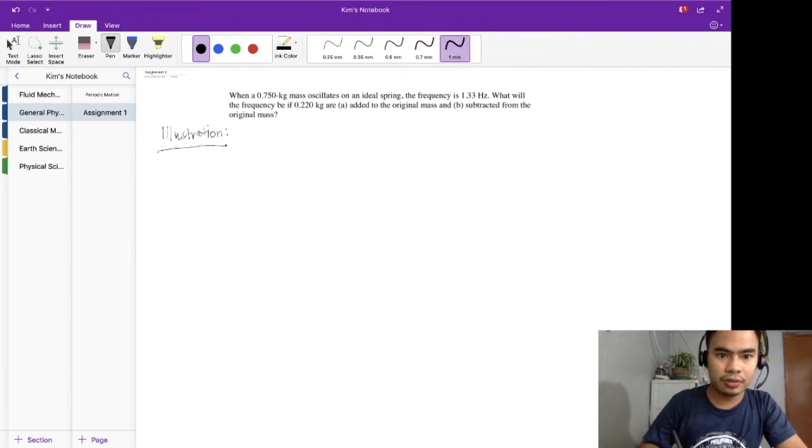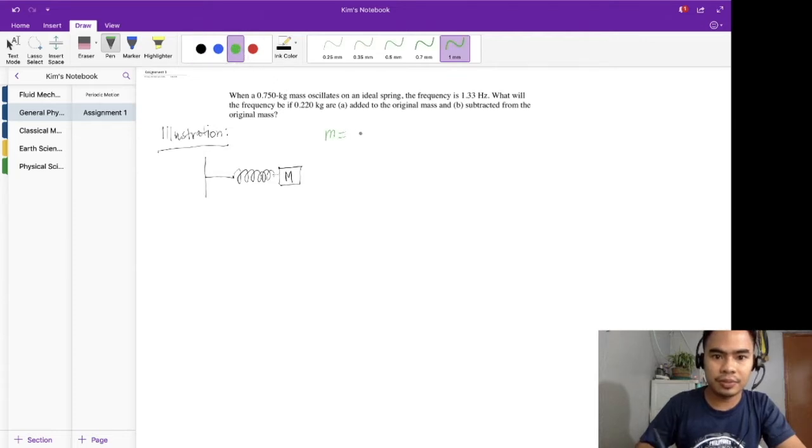Okay, so let's try to illustrate this problem. You have a spring, and then on the spring you connect a mass m. Let's denote that by m, and that m is given to be 0.750 kilograms. The problem tells you that this is an ideal spring, and the frequency is given to be 1.33 hertz.